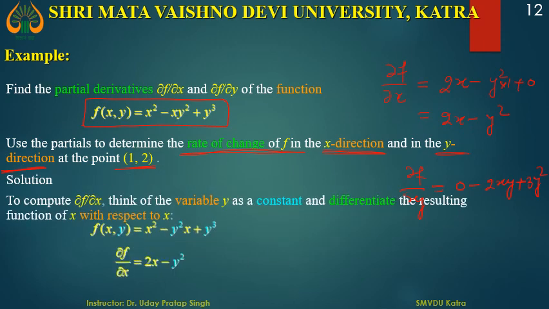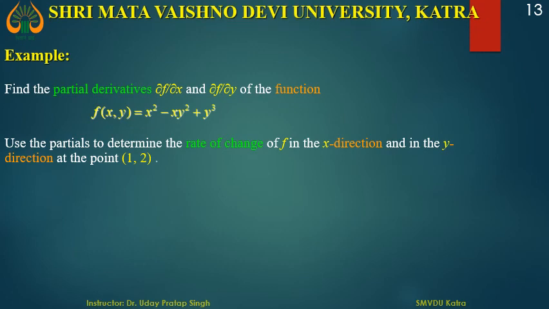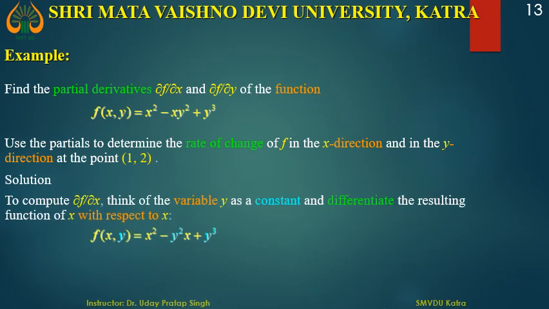Dou f by dou x is 2x minus y square, and we put dou f by dou y at 1, 2, which means x equal to 1 and y equal to 2: minus 2 into 1 into 2 plus 3 into 2 into 2.